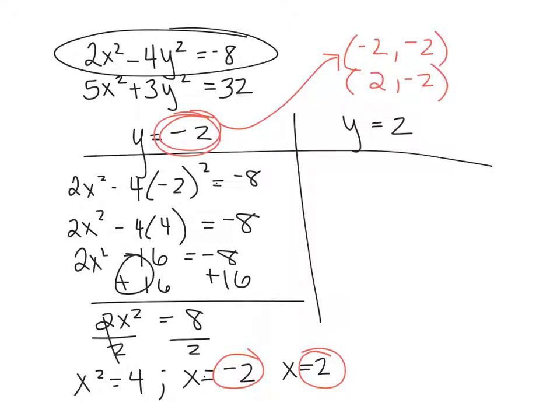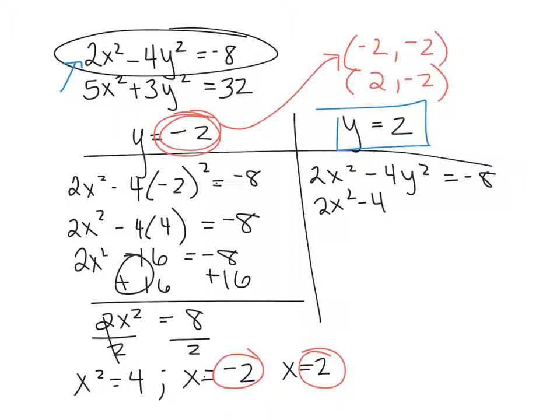Now I'm going to do the same thing with y equals 2, and I'm going to plug that into the top equation again. So I have 2x squared minus 4y squared equals negative 8. We get 2x squared minus 4 times 2 squared equals negative 8. 2 squared is 4.